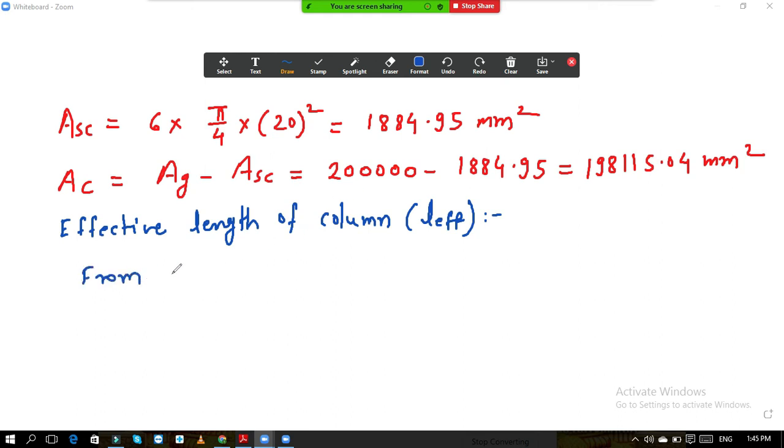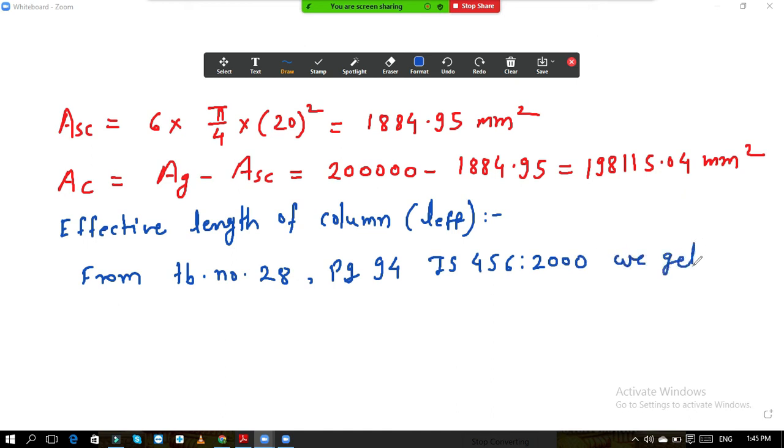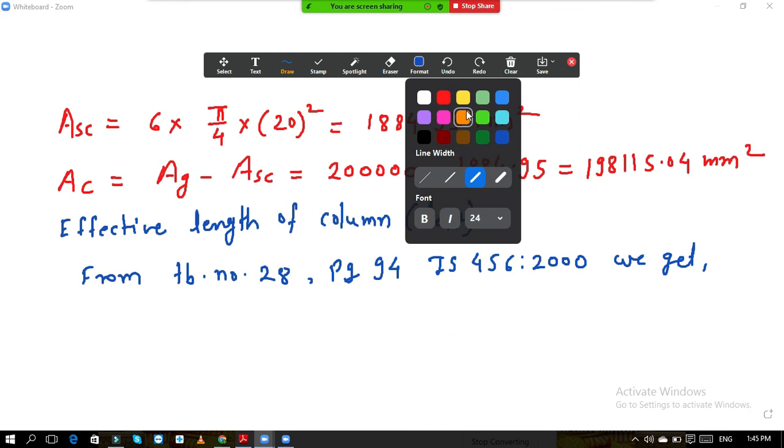From Table 28, page number 94, IS 456:2000.